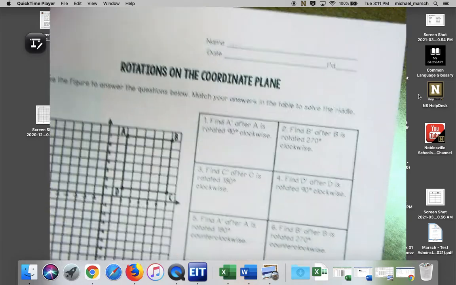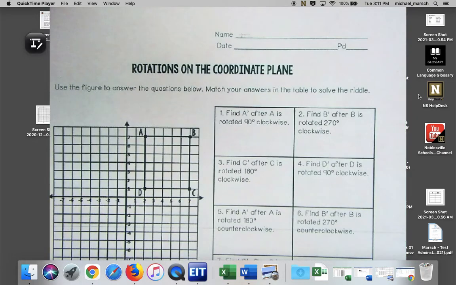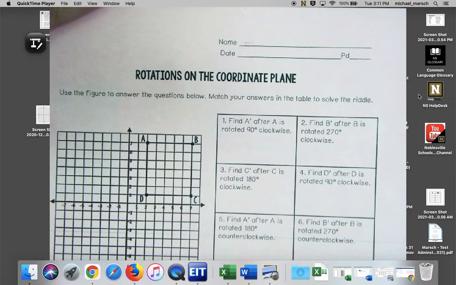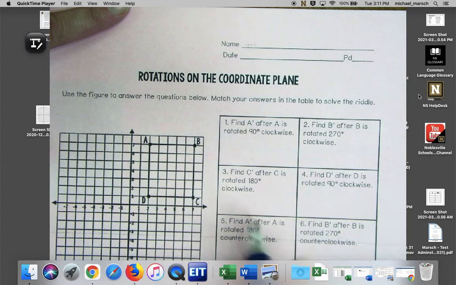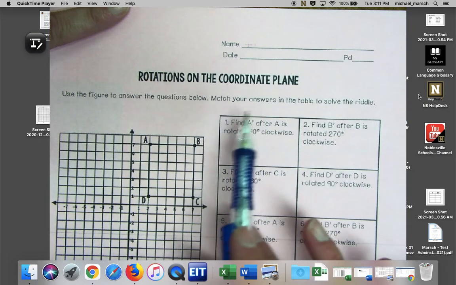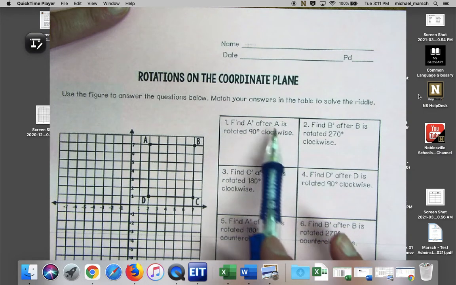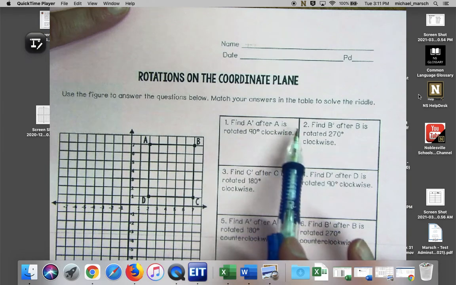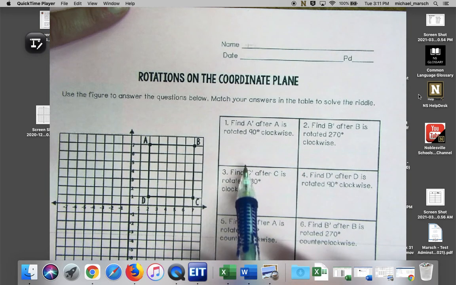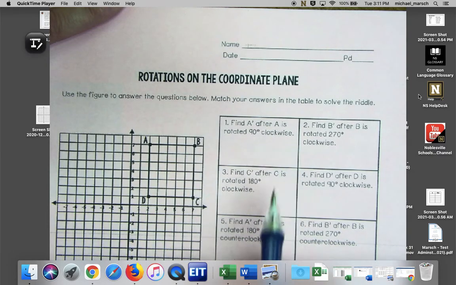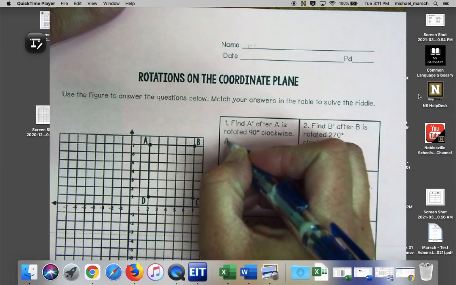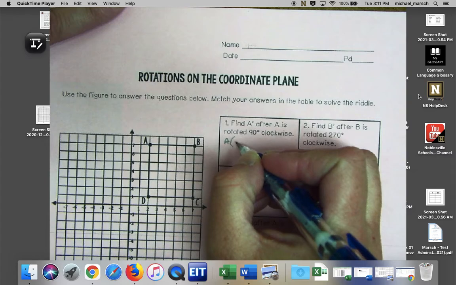Okay, let's look at this last page. We'll do some of these together. We won't finish them, and that's okay. We have this rectangle ABCD. They want us to find the new ordered pair after a specific pre-image point is rotated. So find A prime after A is rotated 90 degrees clockwise. Well, A is at 2, 7.